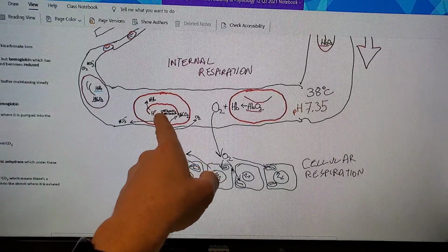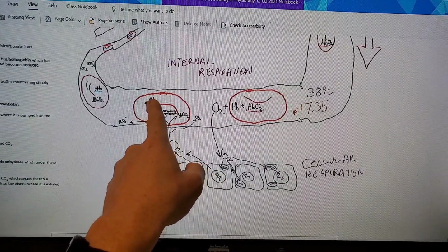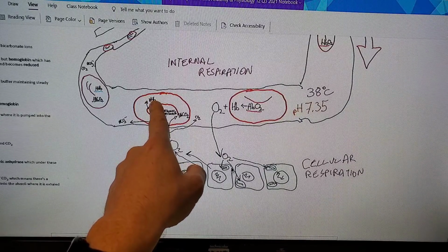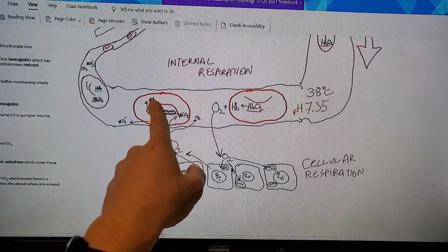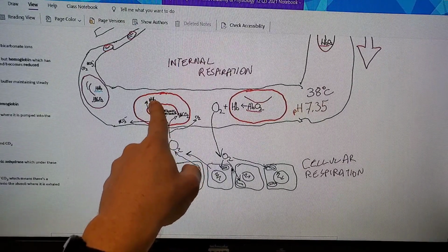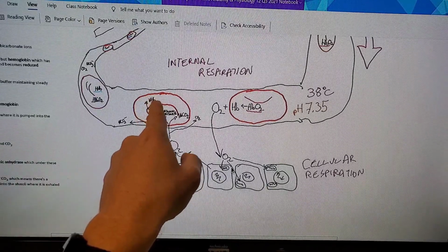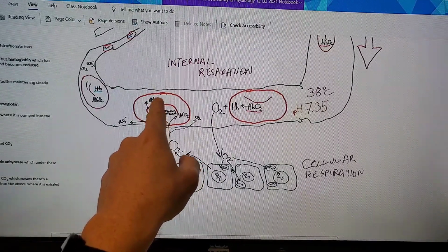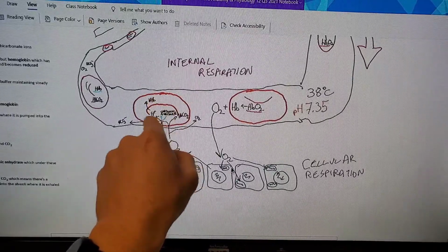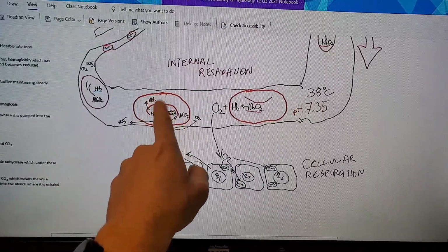So before these hydrogen ions can do any damage, they attach to that hemoglobin, which becomes what's called reduced hemoglobin, HHb. So those hydrogen ions can't cause any damage.